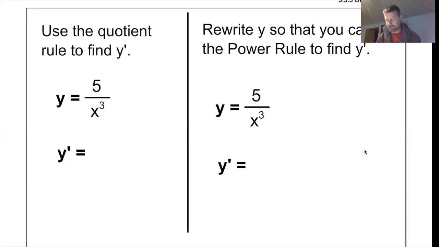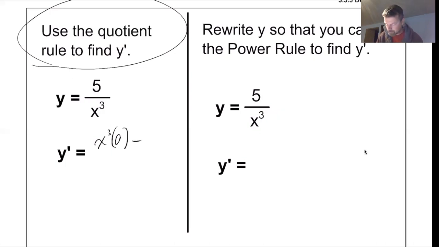For this one, I'm going to use the quotient rule to find y prime. Quotient rule is low d high, so low is x cubed. Derivative of high, so derivative of 5 is just 0 because 5 is a constant, minus high d low, 5. Derivative of low would be 3x squared, right?